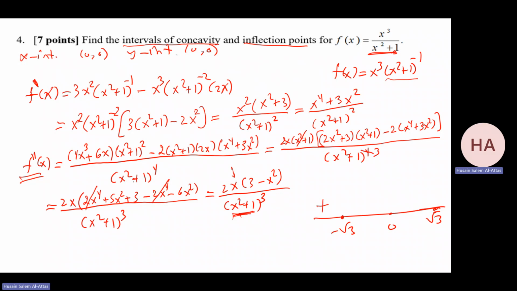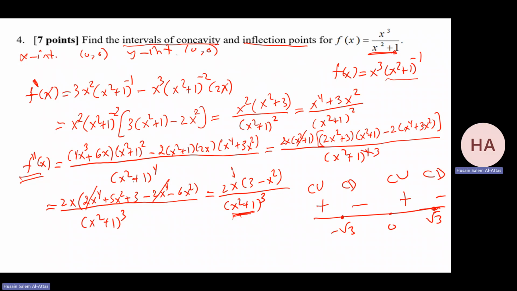Between minus square root of 3 and 0, take minus 1, that will be negative times positive, negative. After 0, take 1, that will be positive. More than square root of 3, like 2, it will be negative. So it's concave up, concave down, concave up, concave down.